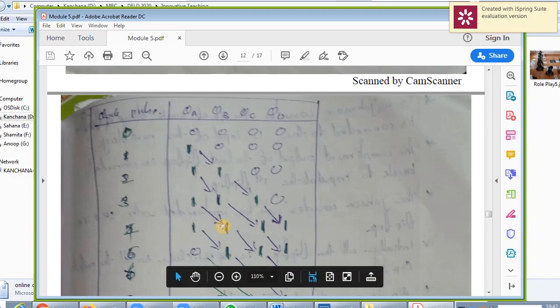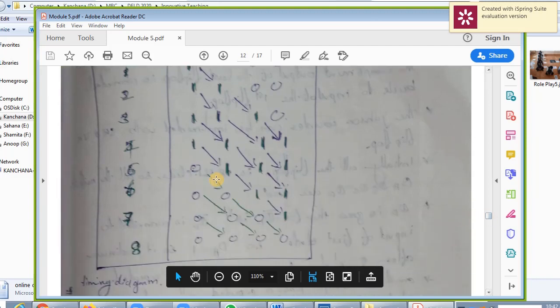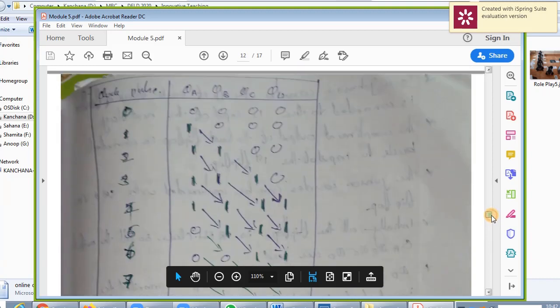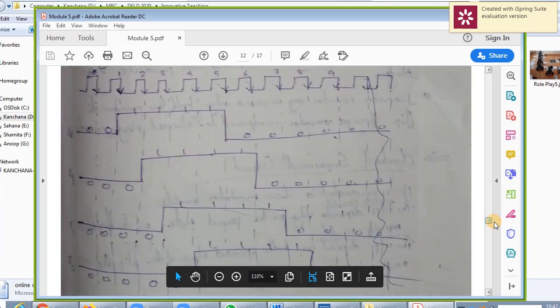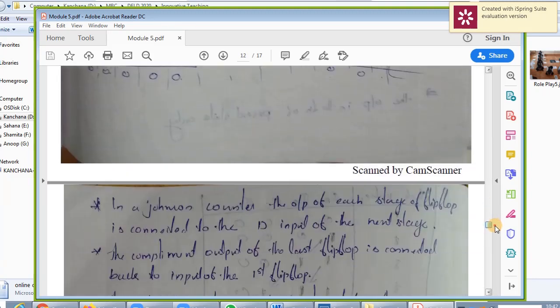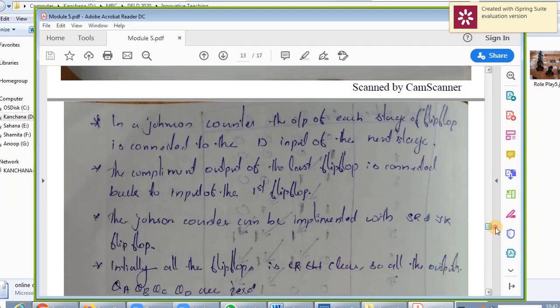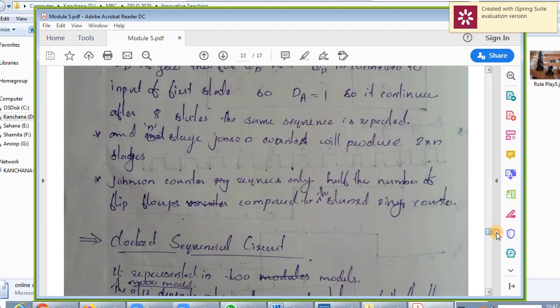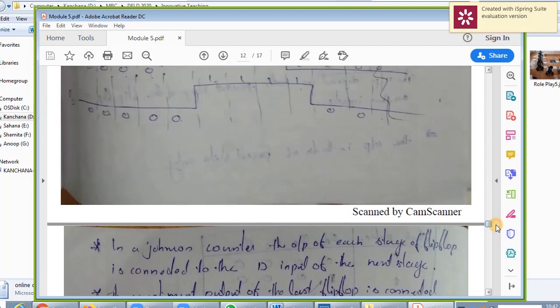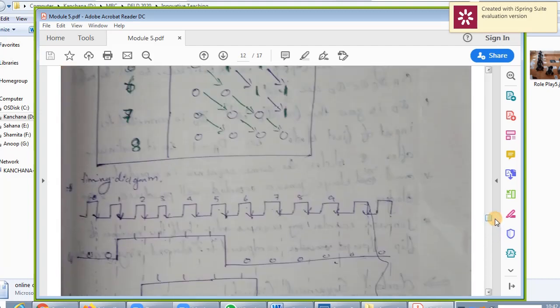So 1 transfers here, 1 transfers here, 1 transfers here, and now it is 1. Then QD bar is 0, so the 0 goes here. Like that it will continue. So this is called the Johnson counter. The same thing is written in the timing diagram also. Whatever I did is explained. This Johnson counter and ring counter is very important.